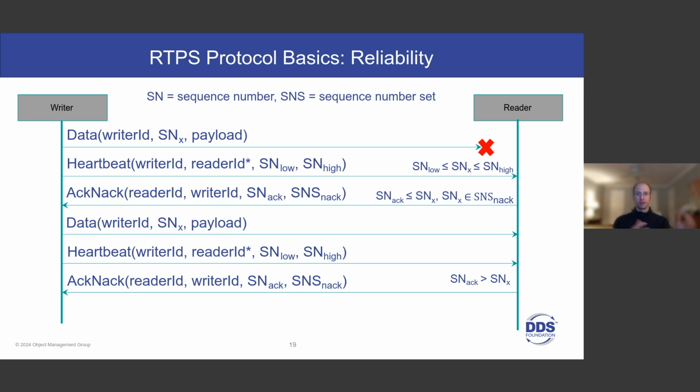It can then, using ACKNACK, request that data from the writer, and then the writer can send all of the historic data that it needs for durability, and then catch up and continue on. So this reliability protocol really helps. It's the way that reliability is implemented in RTPS, and it avoids the non-determinism associated with TCP.